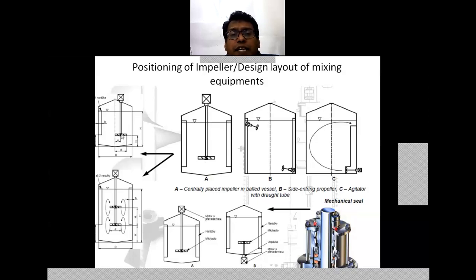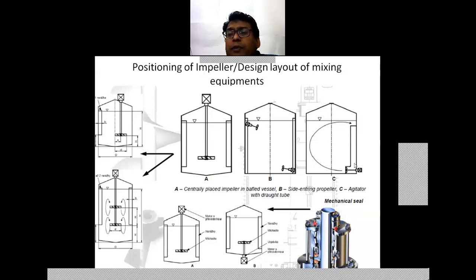Then in off-center you can have different classes, that is the side entry. The C figure is the agitator with a draft tube and with a side entry of the impeller. This side entry impeller in this figure is attached with the draft tube. This is the draft tube.